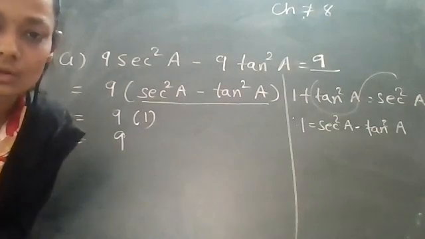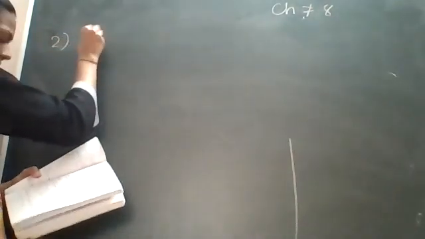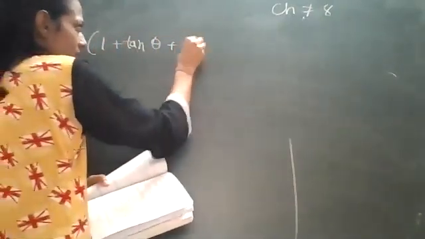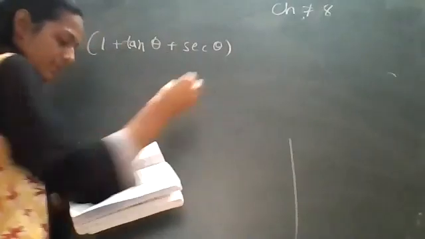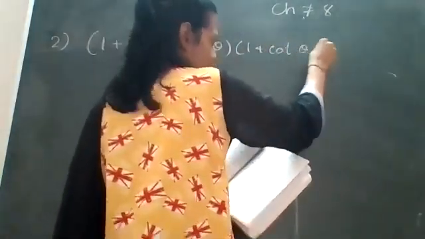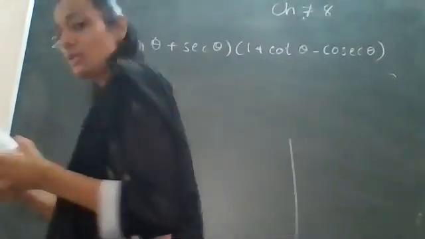Yes, ma'am. Okay, so we are going on with the second sum. Now the second is: 1 plus tan theta plus sec theta into 1 plus cot theta minus cosec theta, and we have to find the value of this.